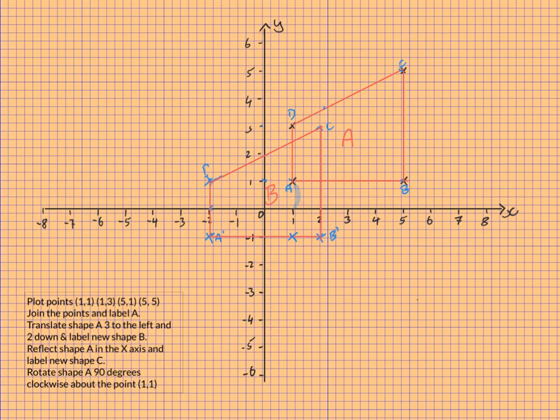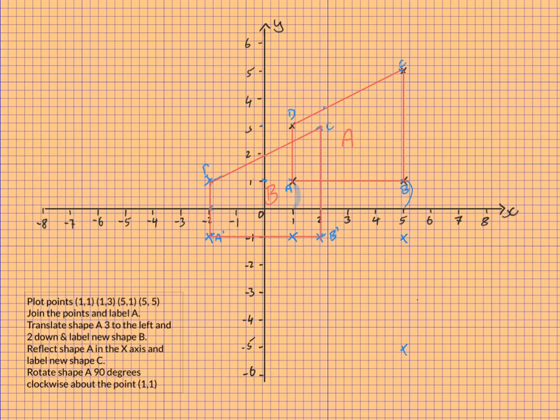So that's the new point A, and if we do the same with B, he's 1 to the x-axis, so we go 1 away from the x-axis. C is 5 to the x-axis, so we go 5 away from the x-axis, which gives us -5.